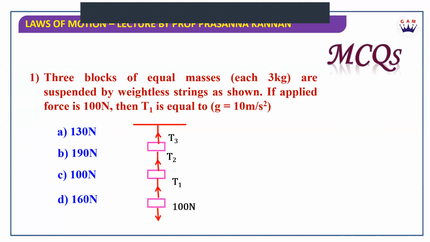This is directly from the previous equation. So what was T1? F plus M2G, right? Here instead of M2, there is one more block, M3 also. So what do you do? M2G plus M3G plus F. Do that now.